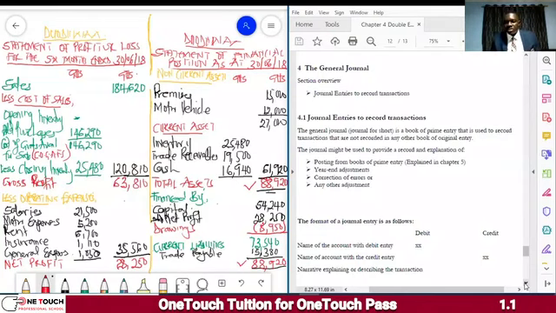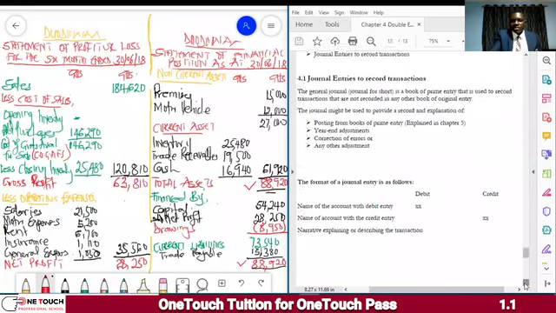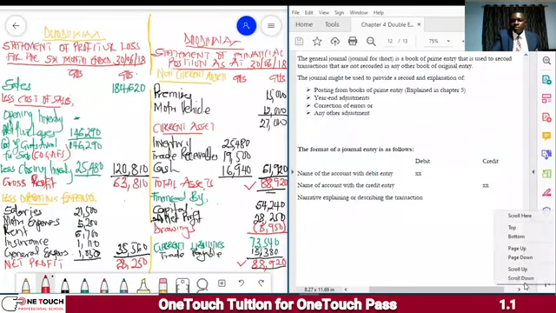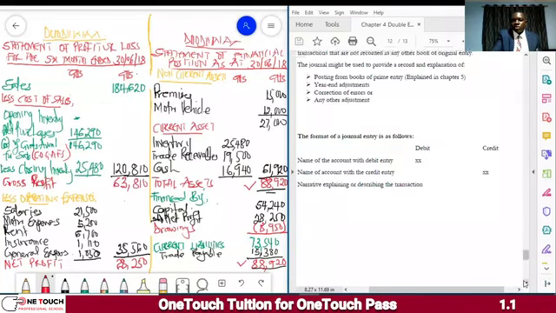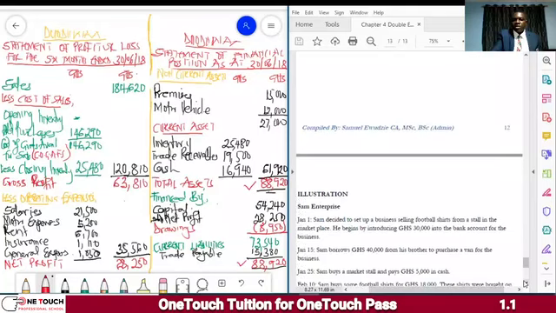Good. So let's look at it. Let's see whether we have any example to use to record said transactions.